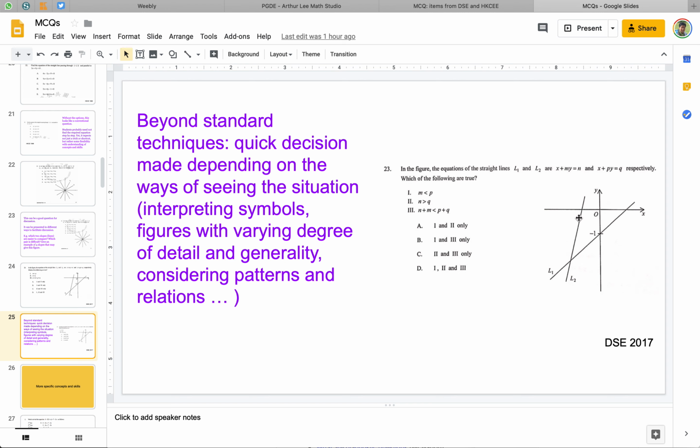For example, it's not sure whether this line is considered to be always steeper than the other, or whether it is supposed to make use of the x-intercept, right, in this question. So to most students, this may be rather arbitrary and ambiguous, right? But it can actually lead to open discussion if you allow the student to talk about what they see, what they assumed, or how they think the general case could be.